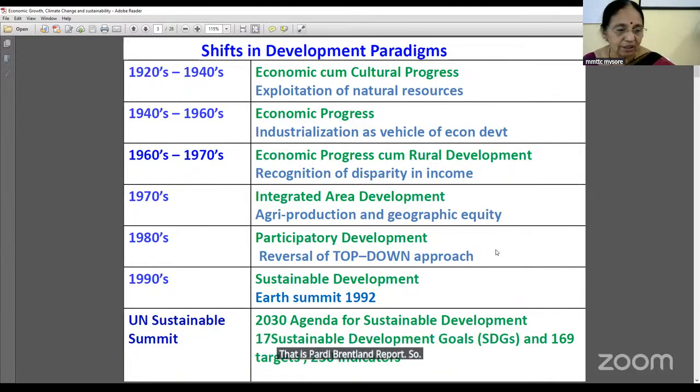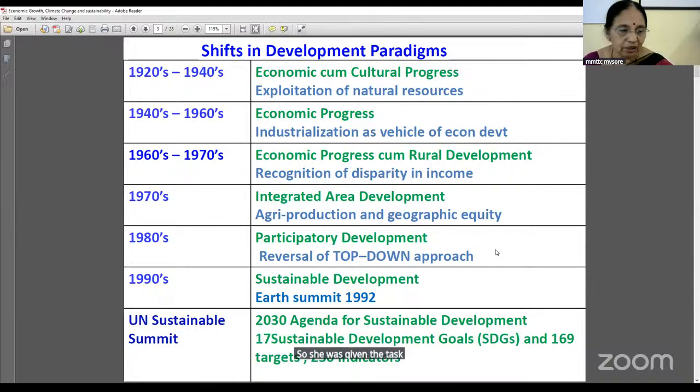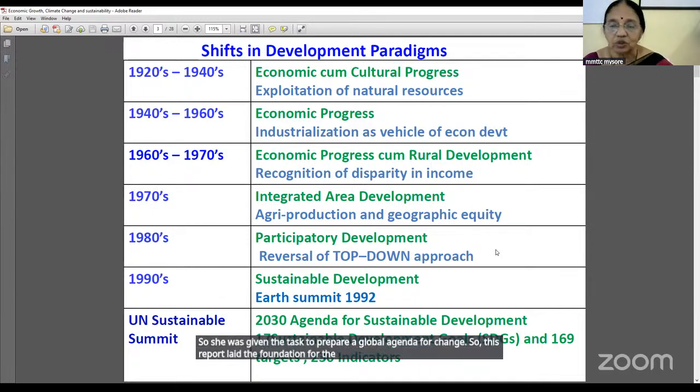What the UN Commission had asked was to prepare a global agenda for change. So she was given the task to prepare a global agenda for change. This report laid the foundation for the 1992 Earth Summit. In the 1992 Earth Summit, this report was discussed and several decisions were taken.